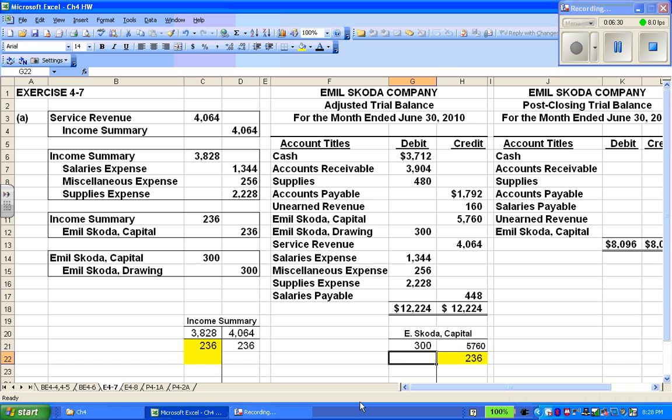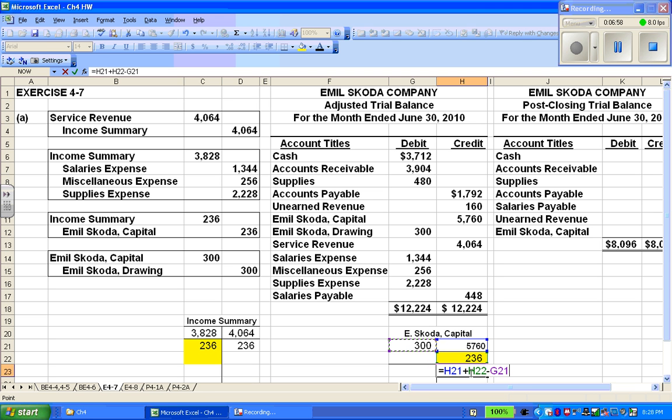And the reason I'm doing the T account is so that I can carry it over to my post-closing trial balance. So let's see what is my balance in this account. I have 2 credits, excuse me. I'm going to total up my credits, right? The 5,760 plus the 236, but I want to net those credits with this debit of 300.